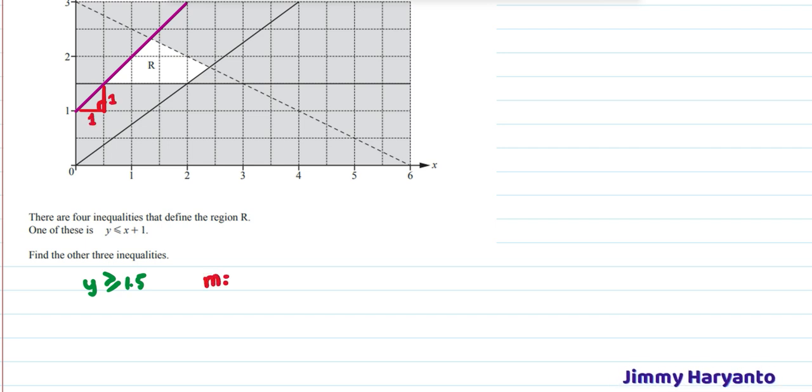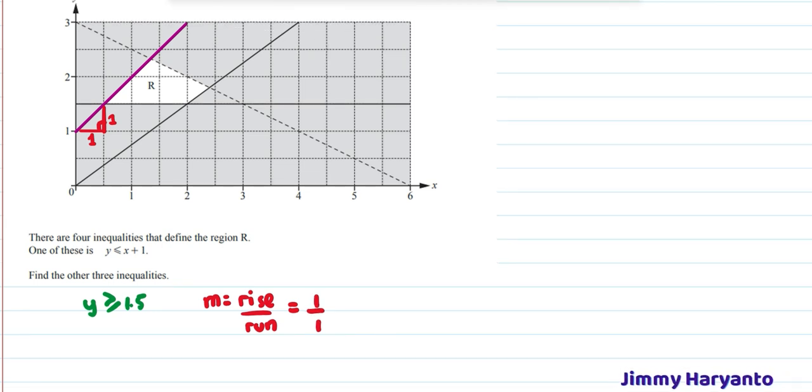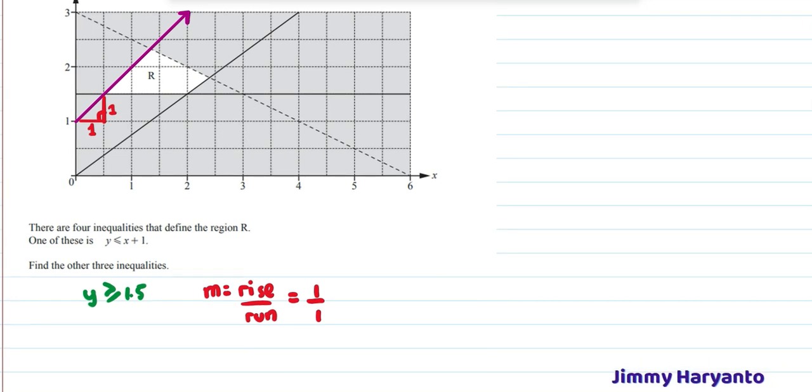So the gradient equals rise over run. We will use rise over run instead of y2 minus y1 over x2 minus x1. This is the alternative way. You can do the original way also. The rise equals 1 and the run equals 1. And because the straight line is going to the top right, that means the gradient will be positive 1.